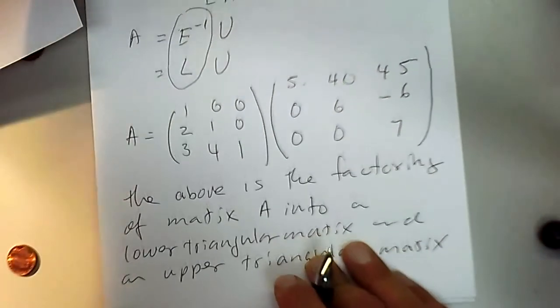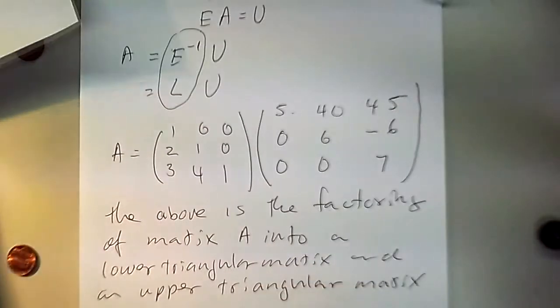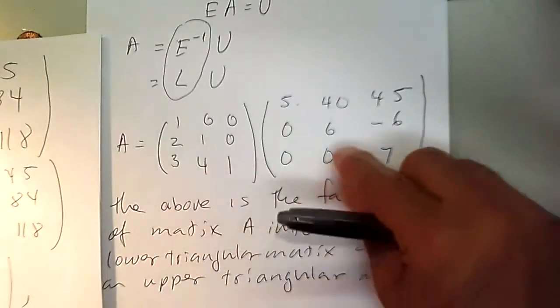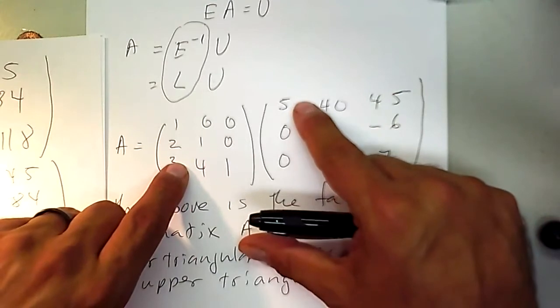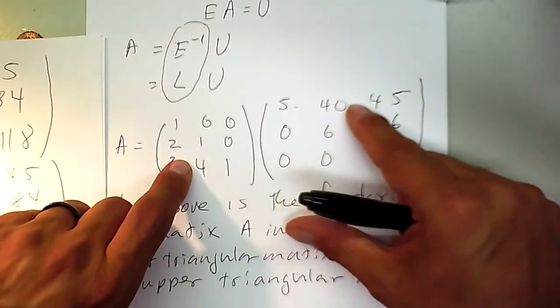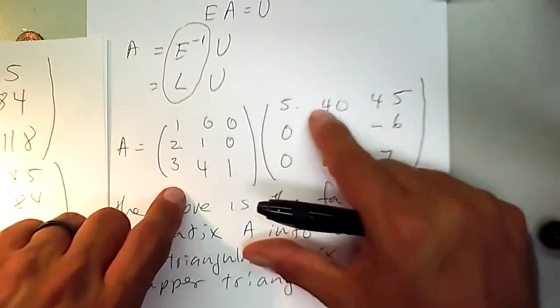It's not a bad idea to double check, because the multiplication of those two should give us this. The first row is good. 10 is fine. 46, yep. 90, 84, yep.